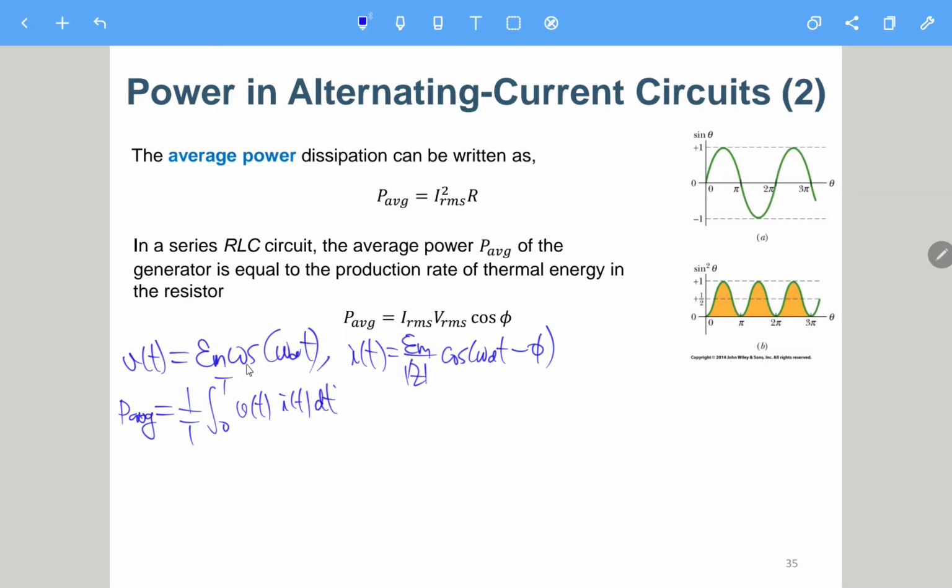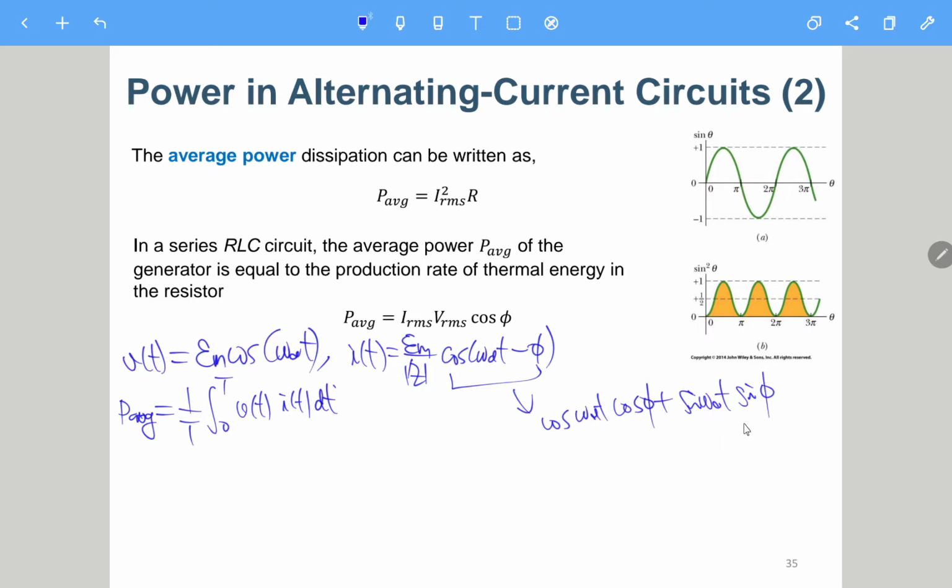So in that case, when we try to multiply this one with this one, you can use the cosine of a difference, where you add the terms together. It becomes cosine omega dt cosine phi plus sine omega dt sine phi. When you multiply this with the voltage, you have cosine squared, with an additional cosine of phi factor.